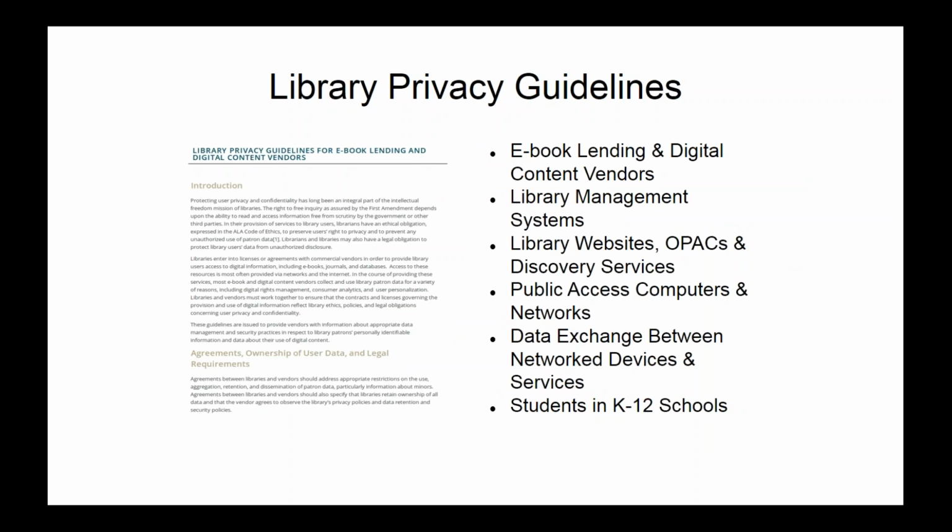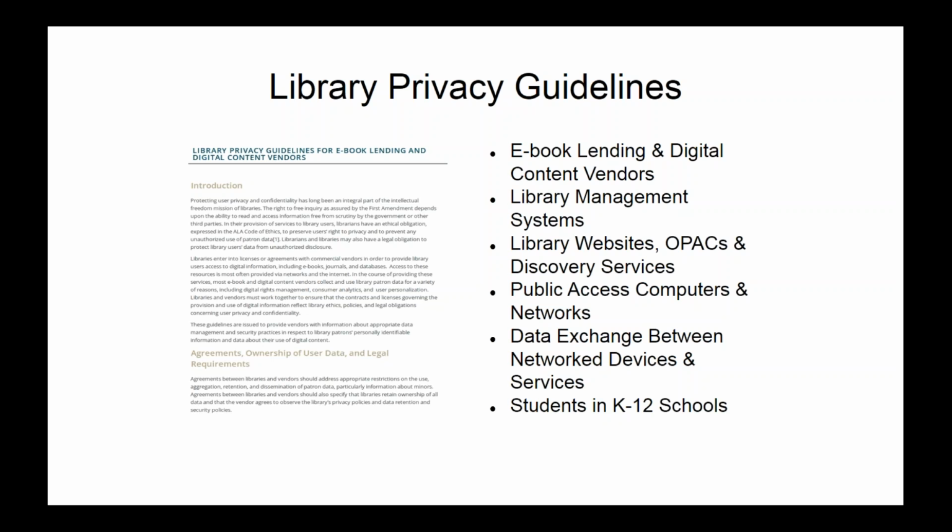You'll see a screenshot here as an example of the privacy guidelines for ebook lending and digital content vendors. This is the first guideline we wrote, and we wrote it in response to that Adobe incident that Deborah talked about earlier in her presentation.